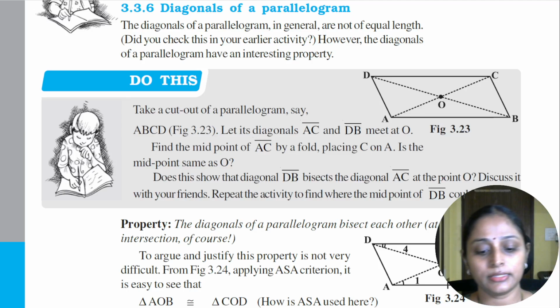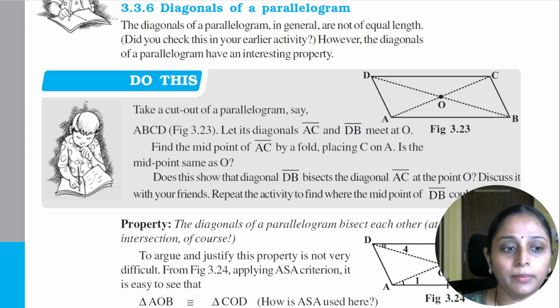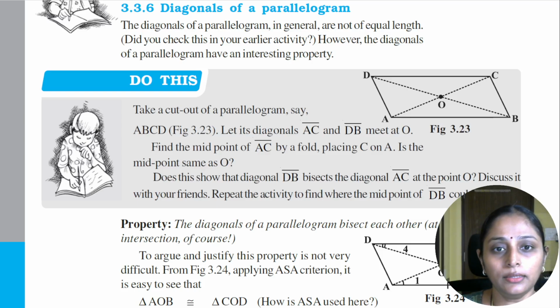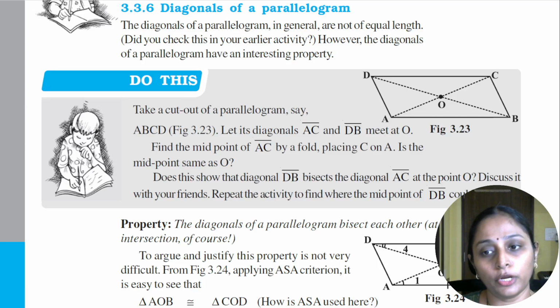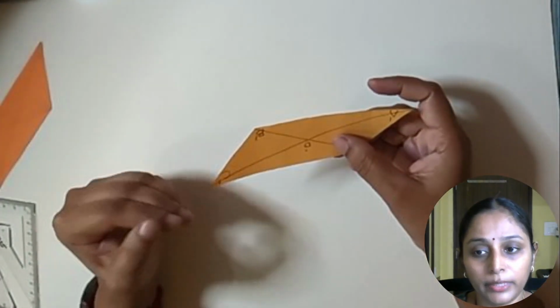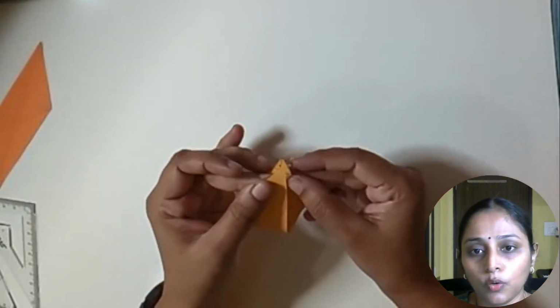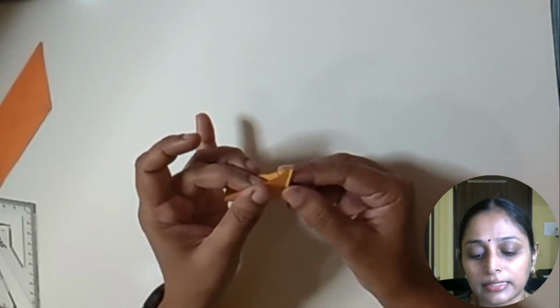They're saying let's take one parallelogram, okay, and if you look at the midpoint by folding, it coincides with the point of intersection of the diagonals. That means that the diagonals are bisected. Let's look at that. Now see here, how do you get the midpoint without any measurement, without using any scale? You simply overlap this opposite vertex.